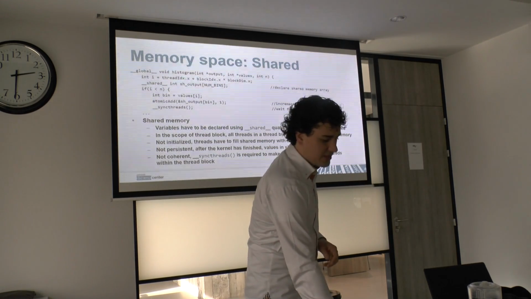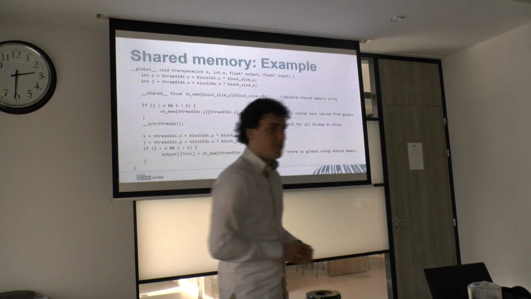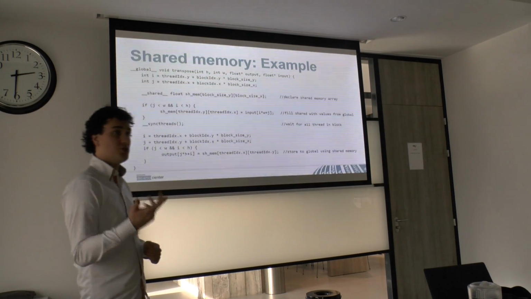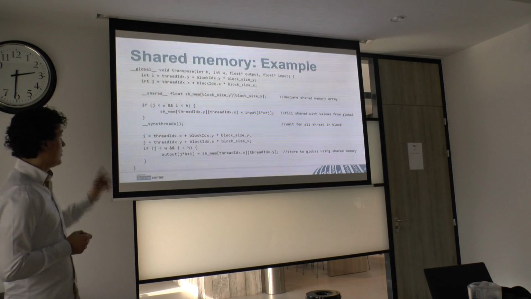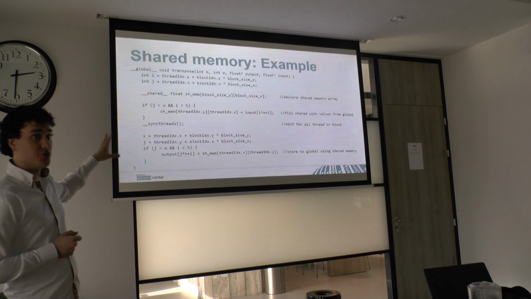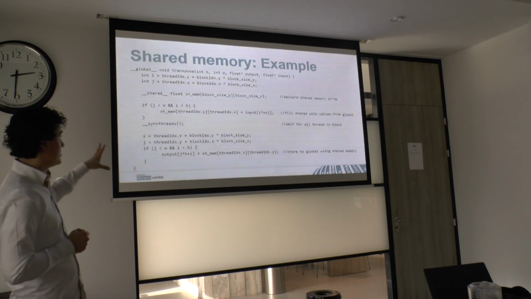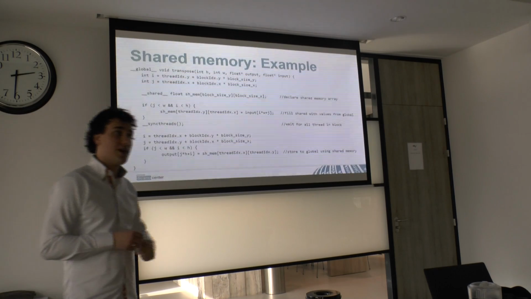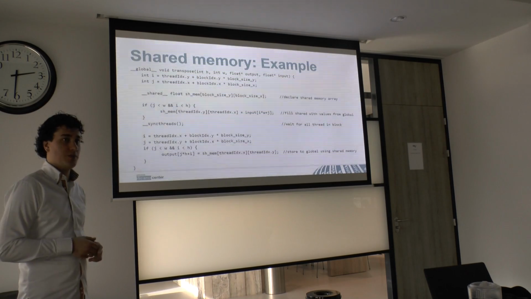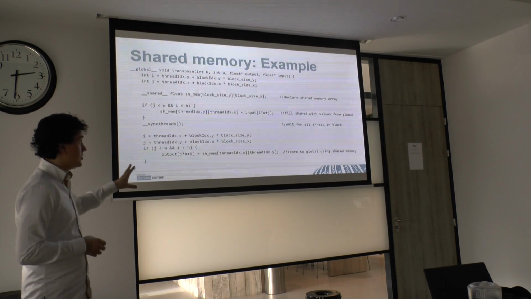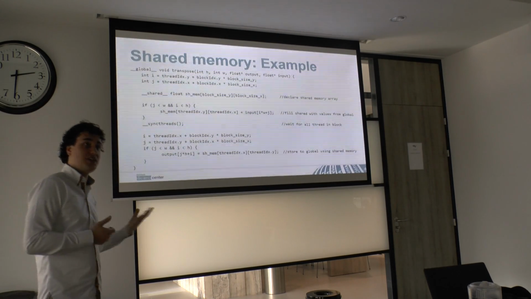Okay. I have another example about shared memory, because we're going to use shared memory in the third hands-on session. But before we go there, I thought it would be nice to have another example on how to use shared memory. In this case, we're going to use it as a sort of cache.